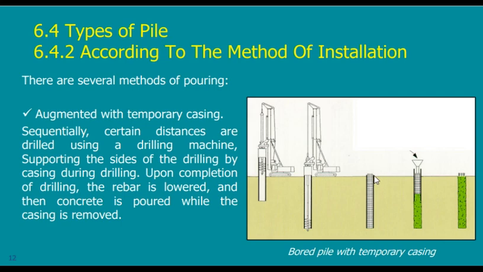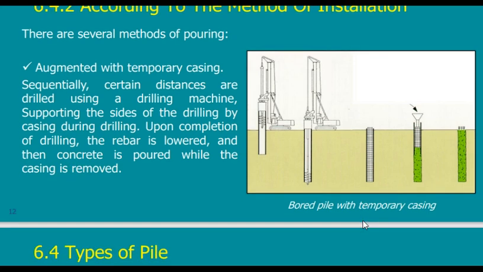Then I will take the steel cage and put it in, and in this case it will reach the required bottom exactly. This is, by the way, the best type of pile, but it is the most expensive type of pile.